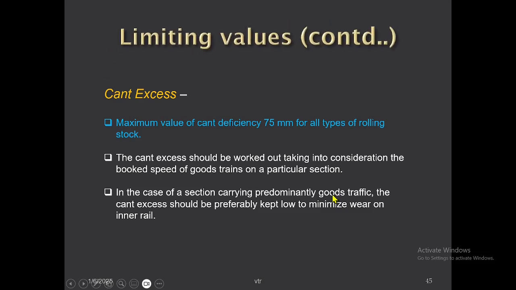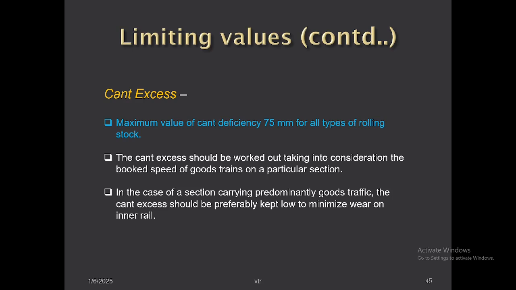So coming to the cant excess, already discussed. This is actually the difference between the actual cant available and the cant required for the lower speed, goods train speed. So that difference is the cant excess. Okay, the maximum cant deficiency available. Cant excess we will try to keep low because once there is full cant excess, what will happen?